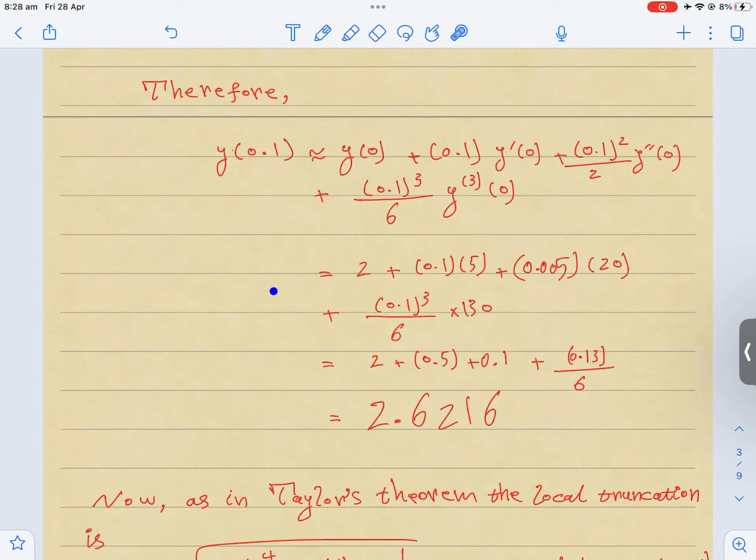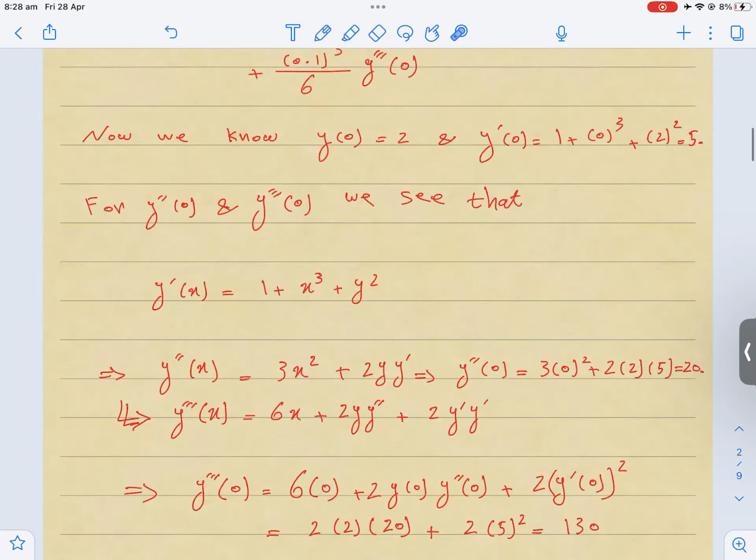This numerical work is not good if you do it by hand. You will do lots of heavy calculations. The theory is easy.